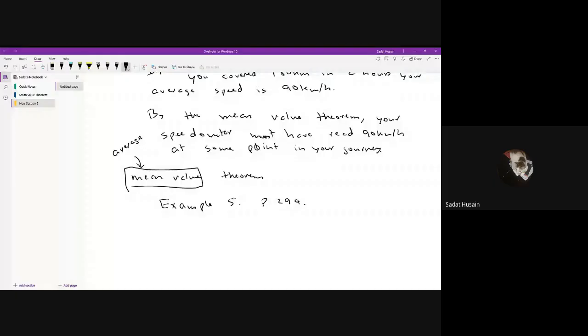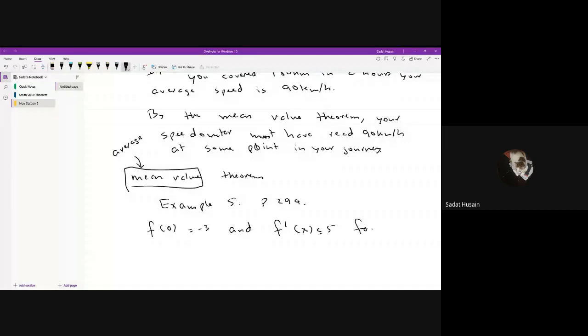The question is, suppose f of 0 is equal to -3, and f prime of x is less than or equal to 5 for all values of x.